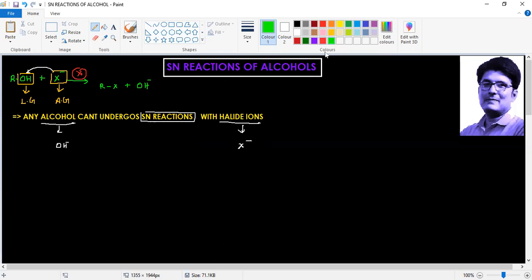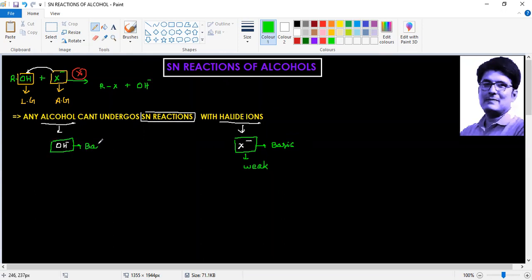Because halide ions are negatively charged, so they have basic nature. Halide ions are weakly basic. This OH minus is also basic, but it is strongly basic.